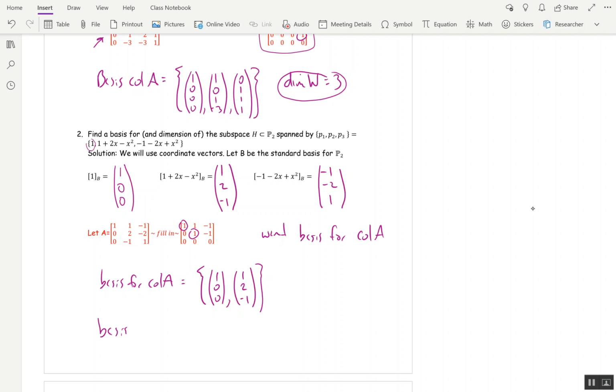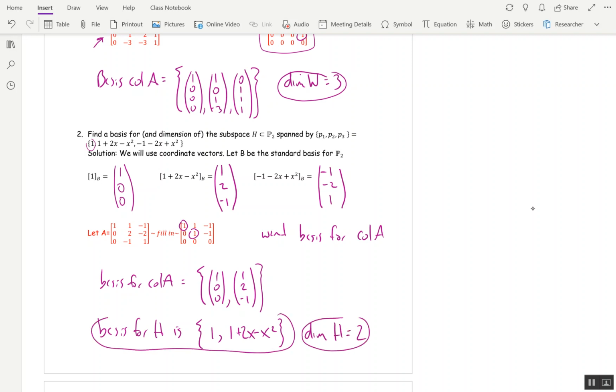So a basis for H is, I want the first polynomial, 1, and I want the second polynomial, which is 1 plus 2x minus x squared. And the dimension of H is 2, because my basis had 2 elements in it.